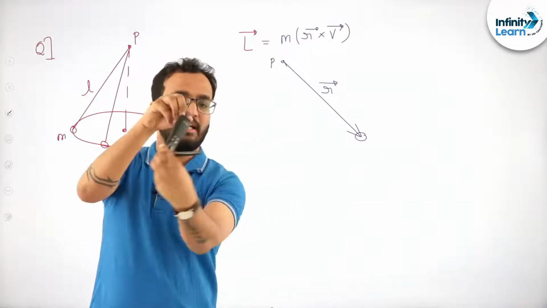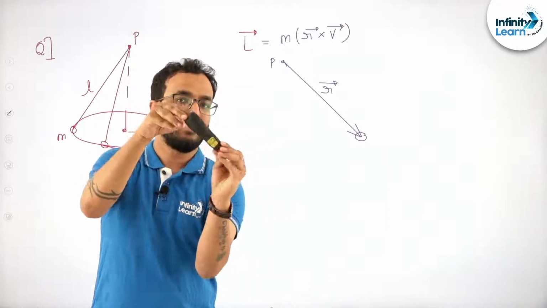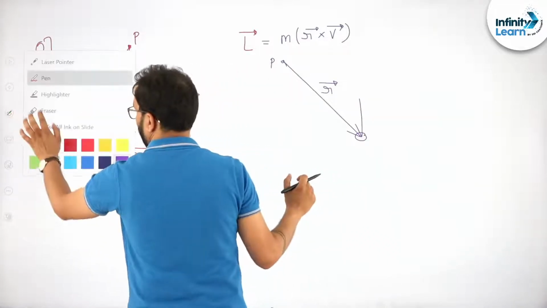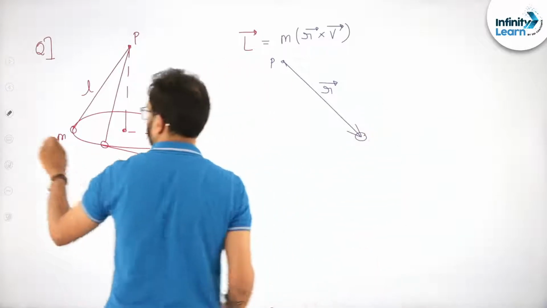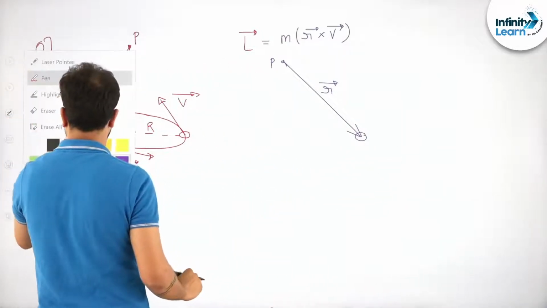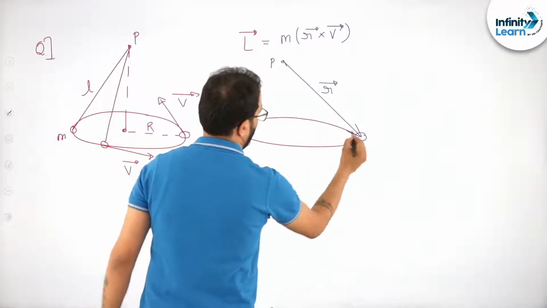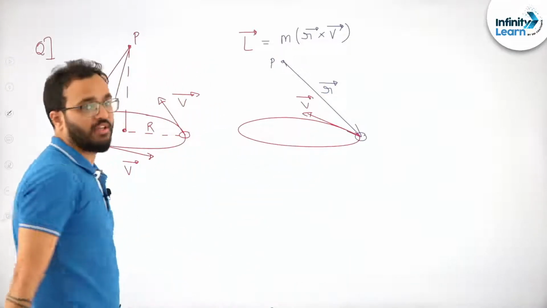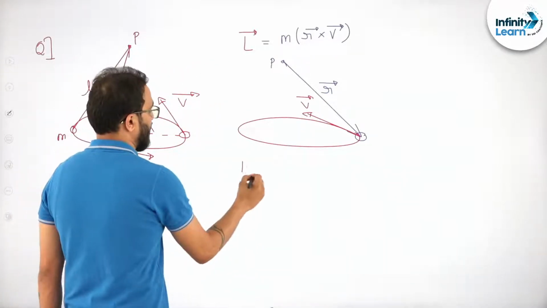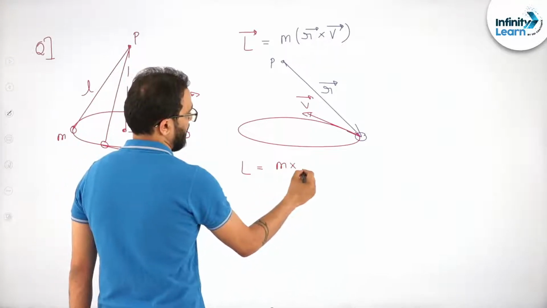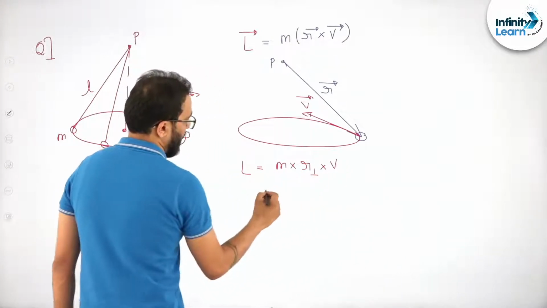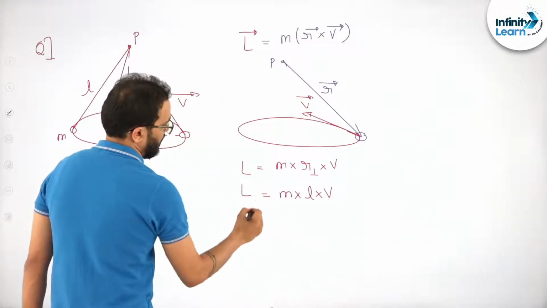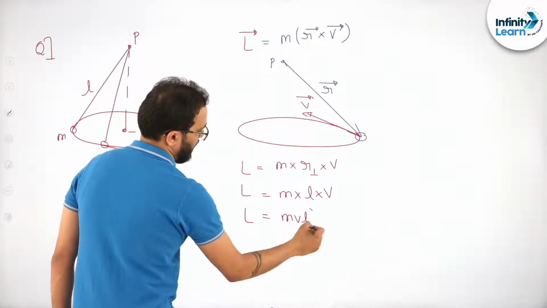So there is no problem in it. Magnitude wise it will be m into r perpendicular into v, and in this case r perpendicular is this length L itself into v. So the answer will be mvL.